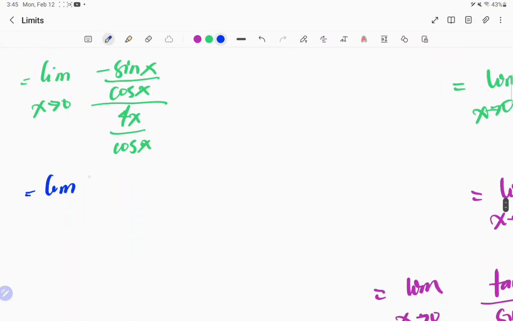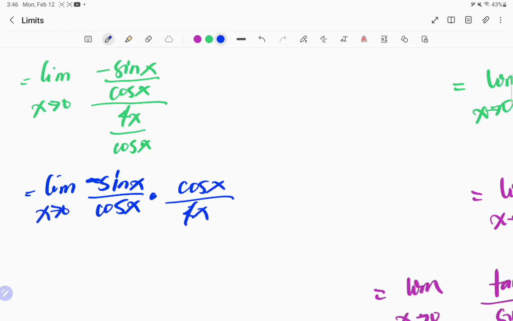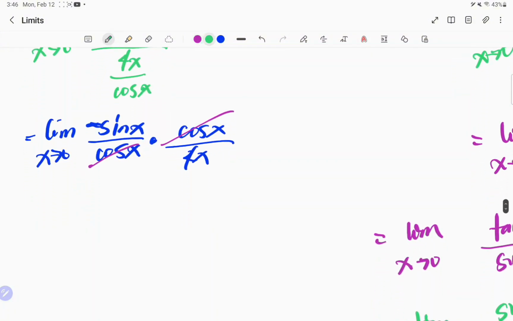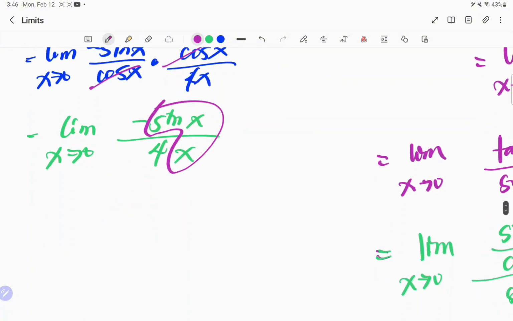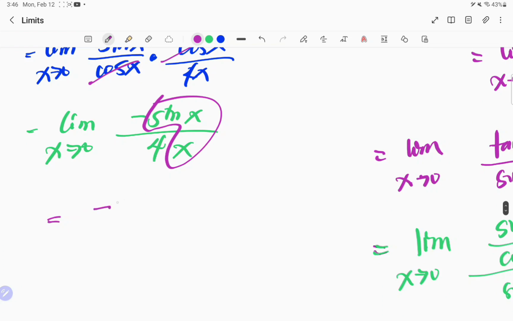It will become the limit of negative sine x over cosine x times cosine x over 4x as x approaches 0. We can see that we have to cancel cosine. So the remaining function will become the limit of negative sine x over 4x as x approaches 0. Taking the limit, sine x over x as x approaches 0 is equal to 1, meaning the final answer here is negative 1 over 4.